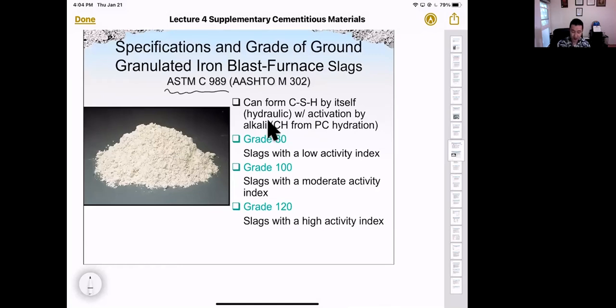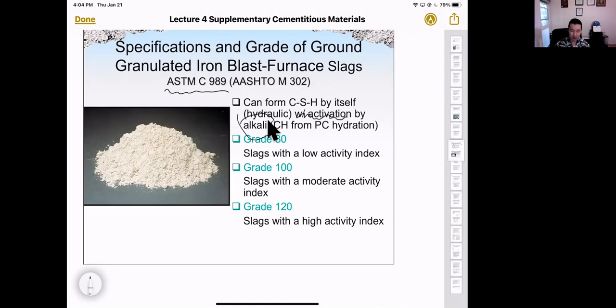Okay, because it can form CSH by itself. However, it needs some kind of activation. Okay, we need some type of high pH environment from hydration of Portland cement.